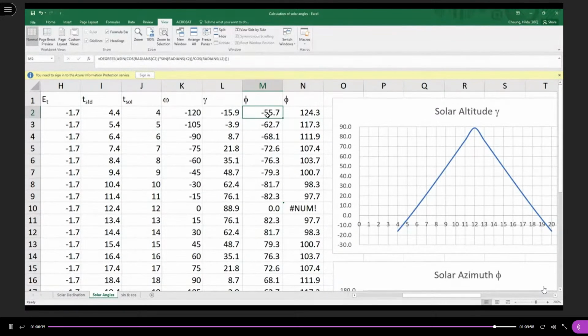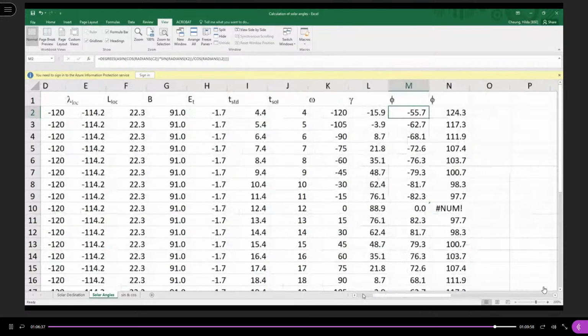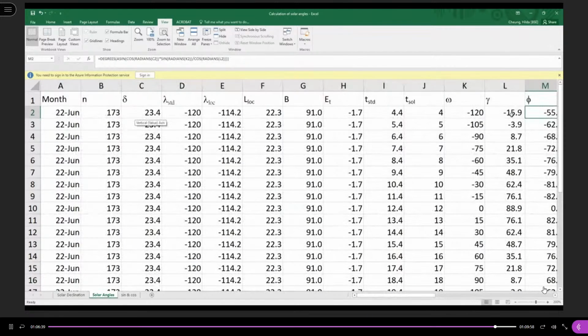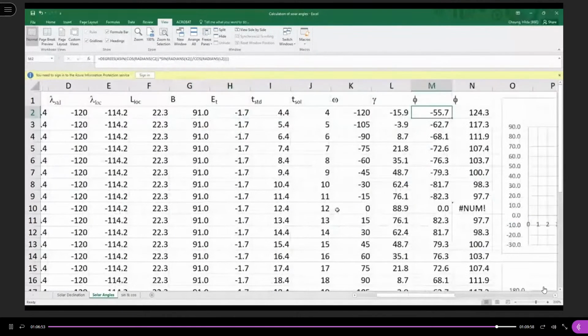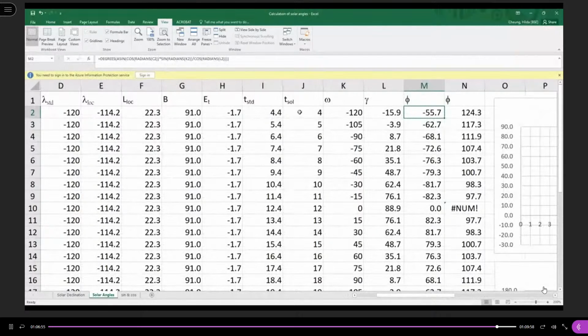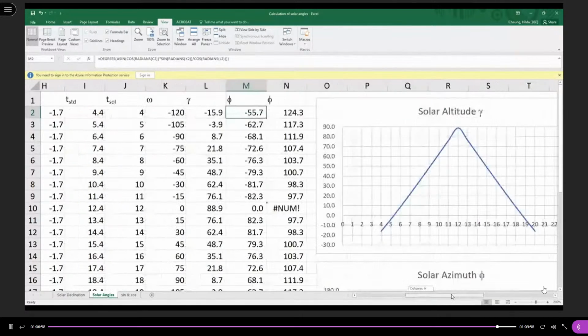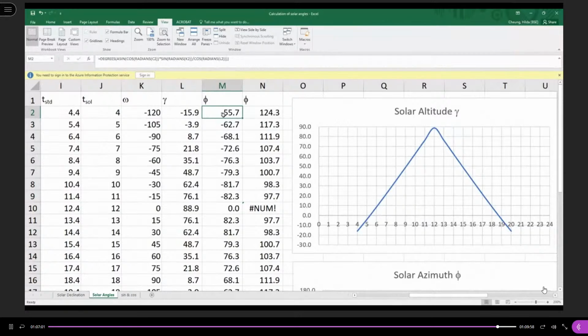Here I am calculating the sun position for the 22nd of June. For the 22nd of June, the solar azimuth in the morning, at 5 o'clock, should be a negative value, negative 100 something.